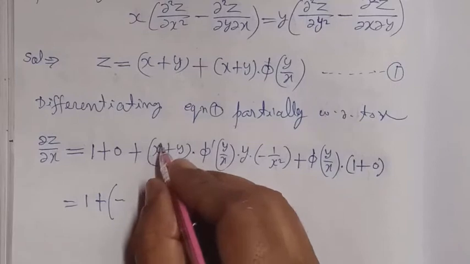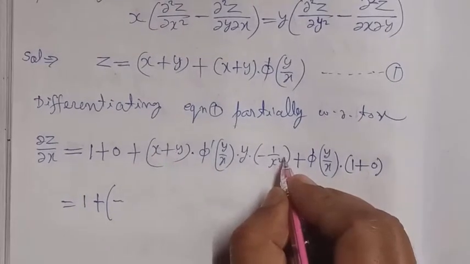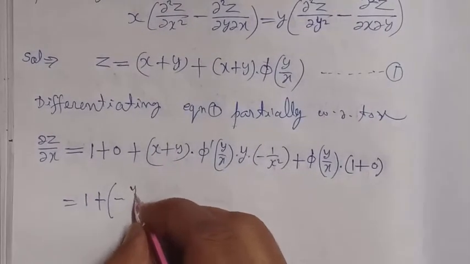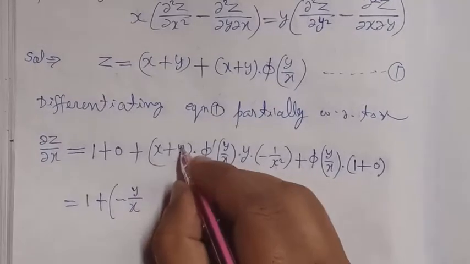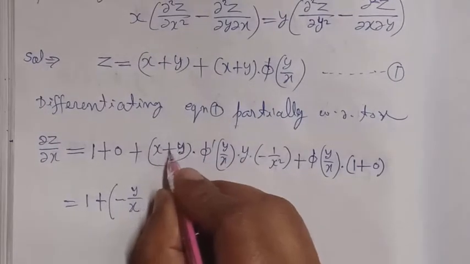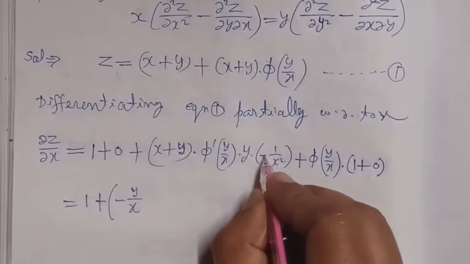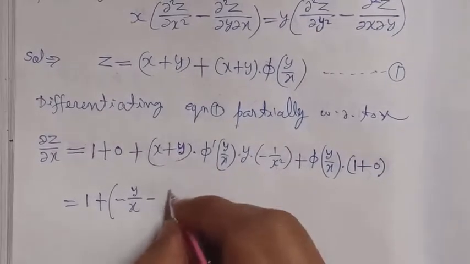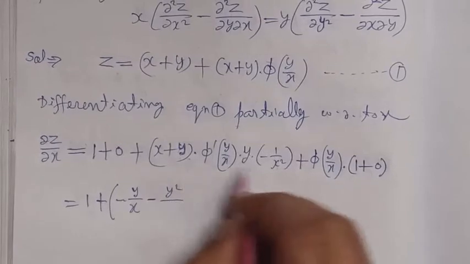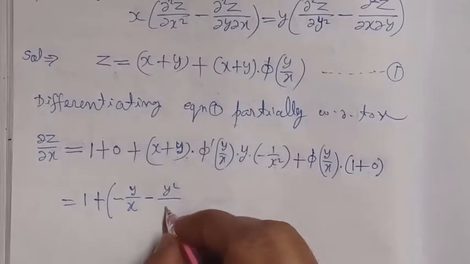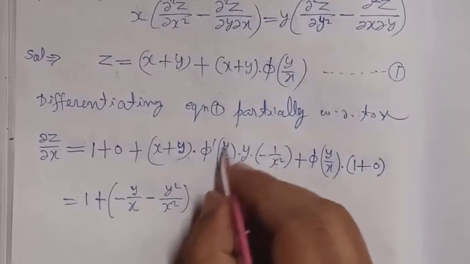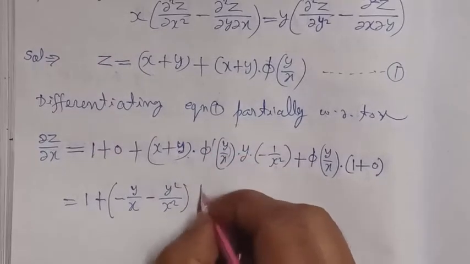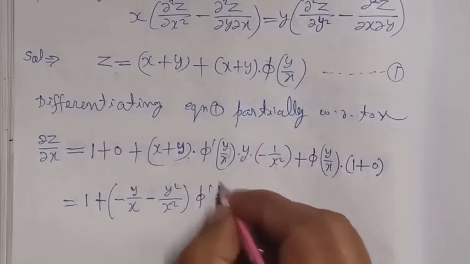Multiplying here, x cancels out x square, so we get y upon x, and this term also becomes minus. We get minus y square over x square multiplied by phi dash y upon x.